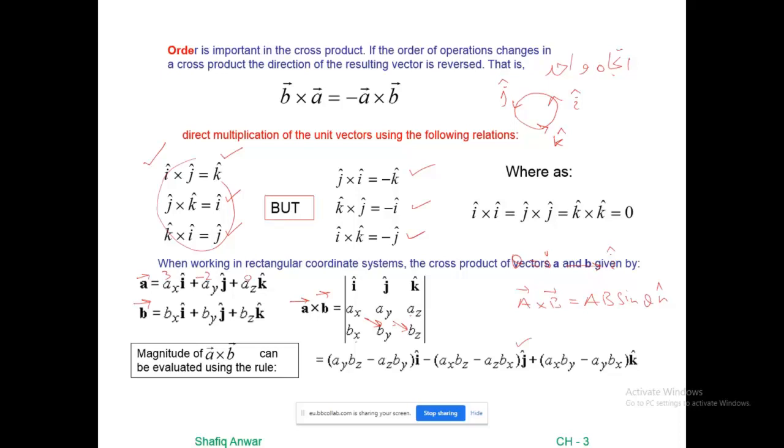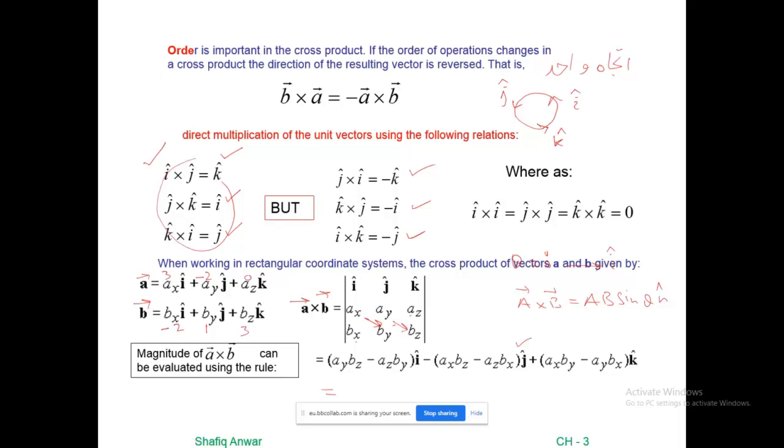Similarly, here you have -2, here you have 1, here you have 3, right? -2i plus j plus 3k. Like math, exactly. So you simply substitute these values over here and you will get the final answer, right?